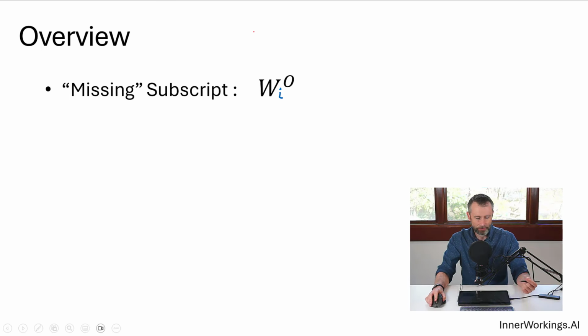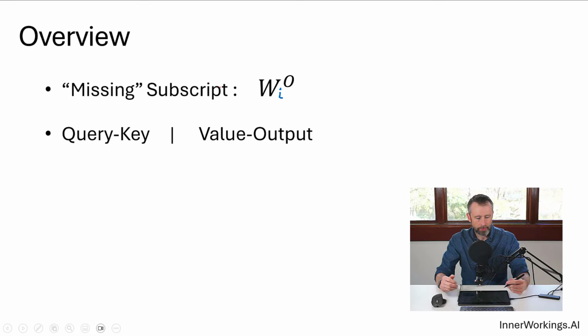So we'll start there. And then one of the things that's really nice once you split the output matrix into per head versions is that it becomes very clear that the query key and value output are two distinct independent processes that are happening in parallel. And I think that's good for understanding attention.